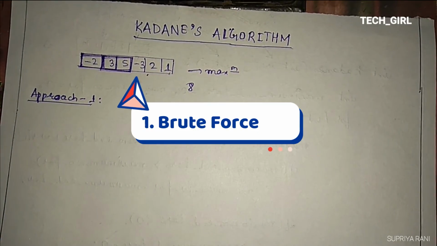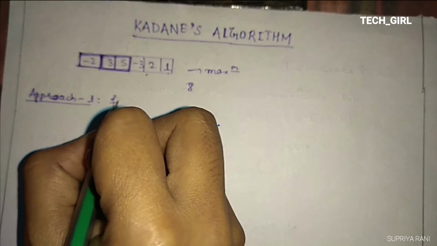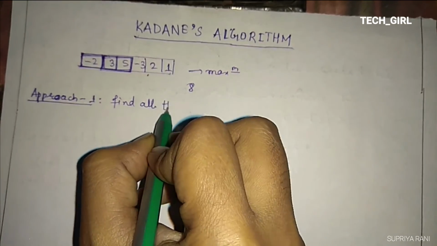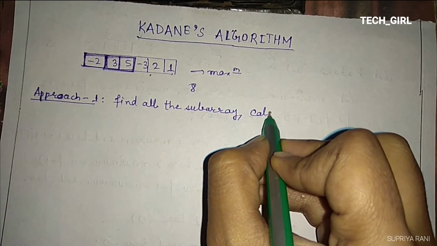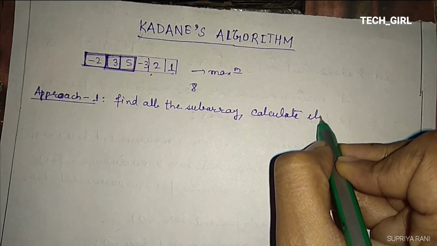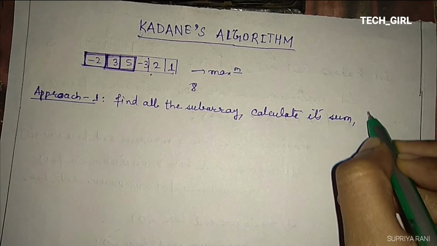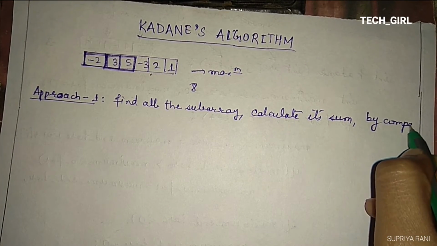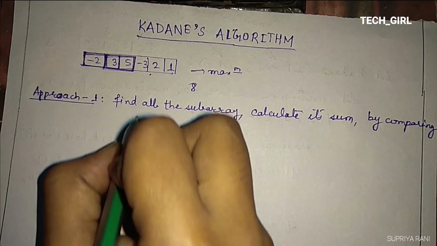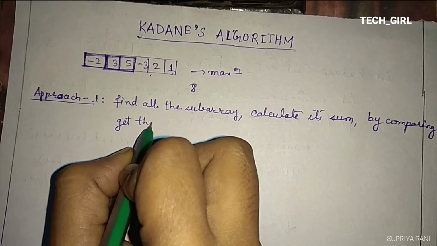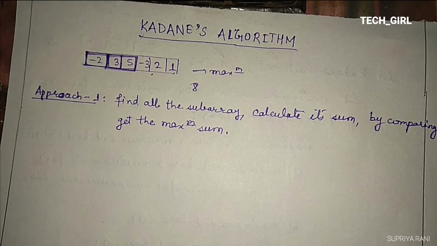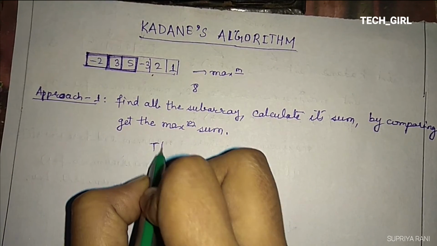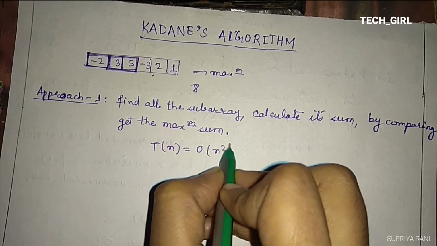The brute force approach says to find all the subarrays, calculate their sums, and by comparing, get the maximum sum. Right. So this approach will take a time complexity of O(n) square.